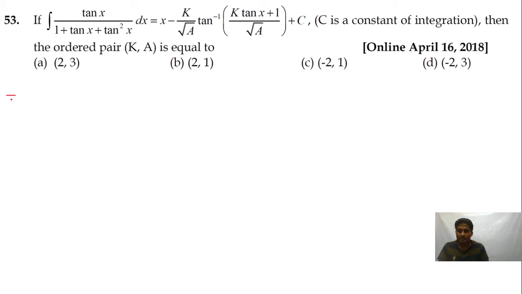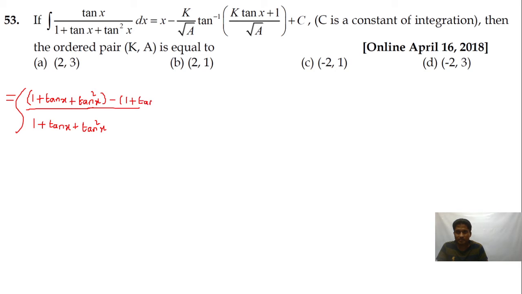Okay, now listen. Denominator will be equal to 1 plus tan x plus tan square x. Right, I'll write numerator in terms of denominator. I will write 1 plus tan x plus tan square x. So I added 1 plus tan square and I'm going to subtract 1 plus tan square. You get back the same thing.